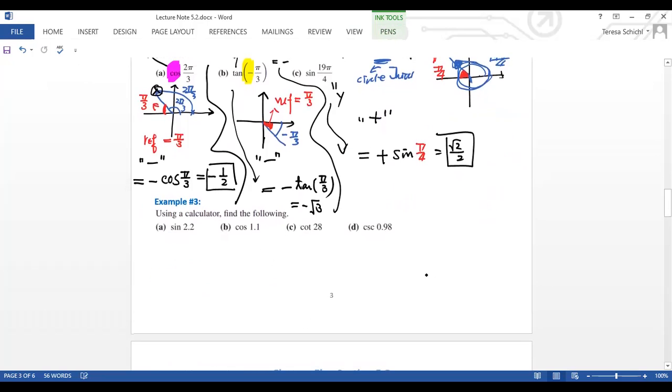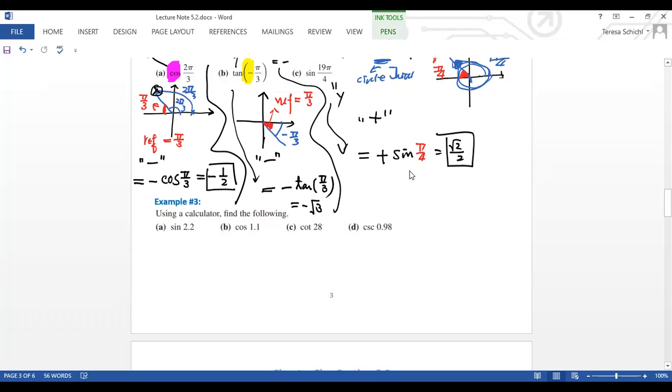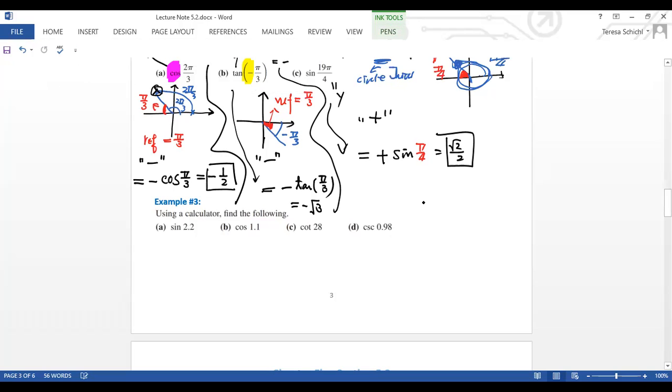So example number 3. This just shows you how to use the calculator. In your calculator, I believe most calculators give you 2 choices. You can either choose degrees, typically shown as DEG, or you can choose radian, RAD.